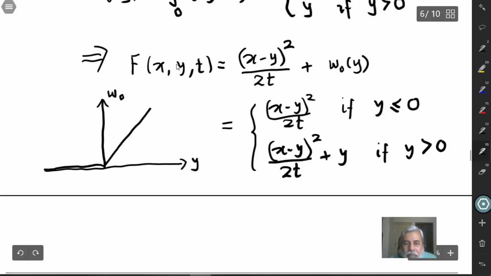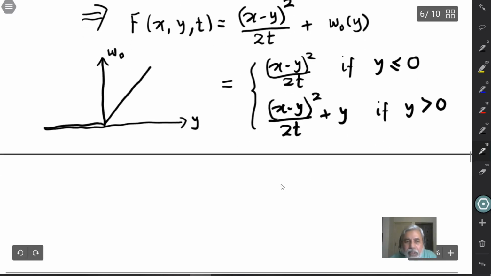So this minimizer y certainly depends on x and t. t is positive, but x can vary over the real line, and it's a very good exercise.